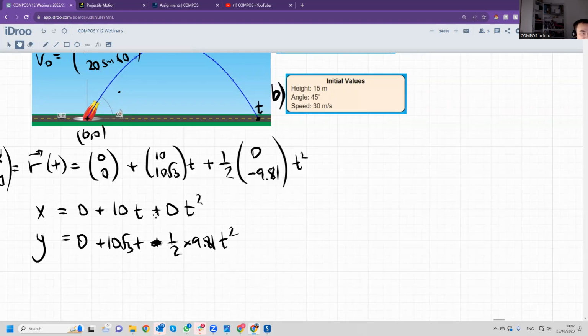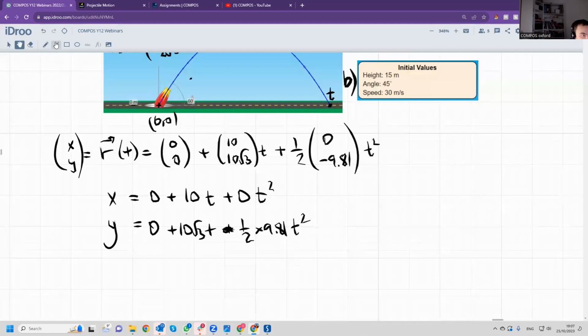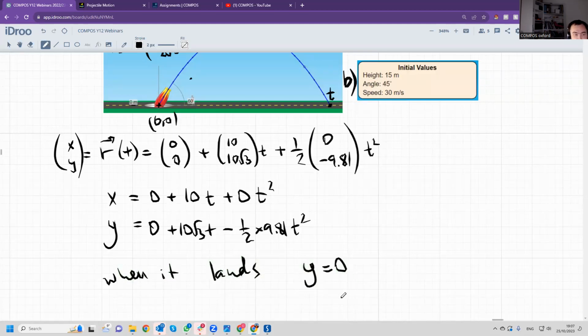Yeah, there's an acceleration due to gravity. It's a given. And here we have when it lands, y is 0.